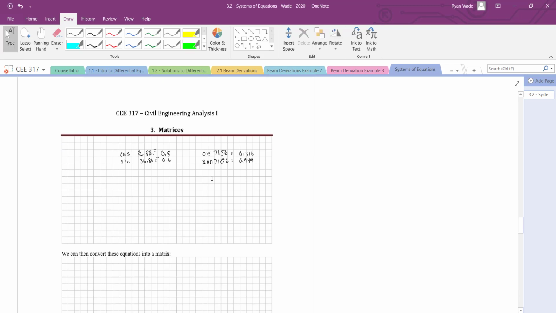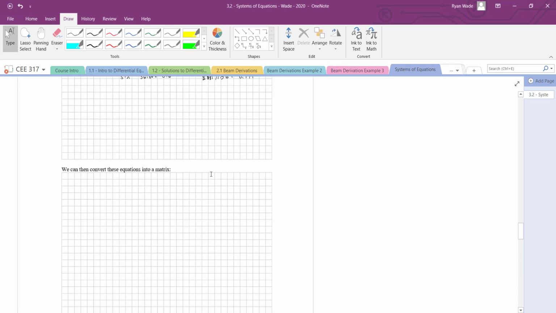Now what I want to do is construct my matrix. There's a couple ways you can do this. One of the ways I'm going to show you is how I keep everything straight. So what I'm going to do first is construct my X matrix. 1, 2, 3, 4, 5, 6 equations. So I'm going to have 6 in my X matrix, and in that, I'm just going to start listing off the unknowns.